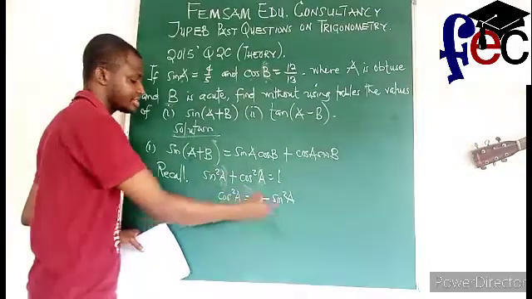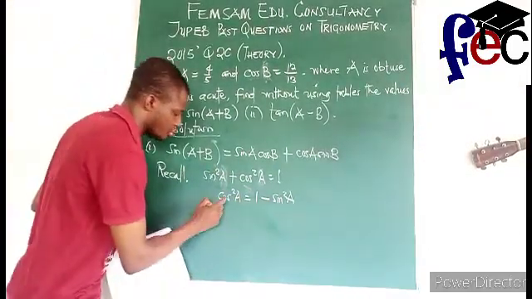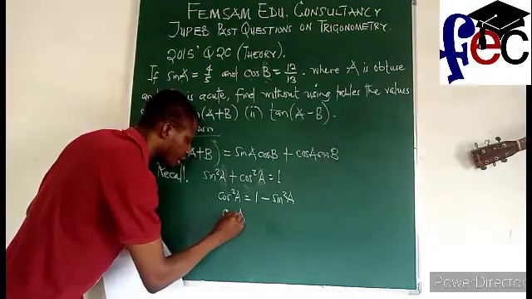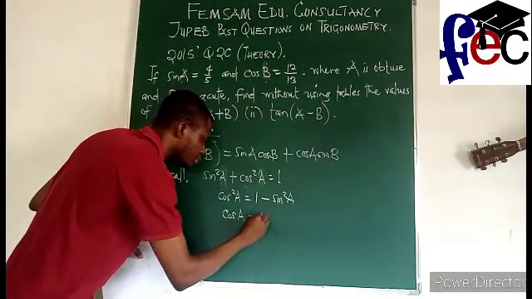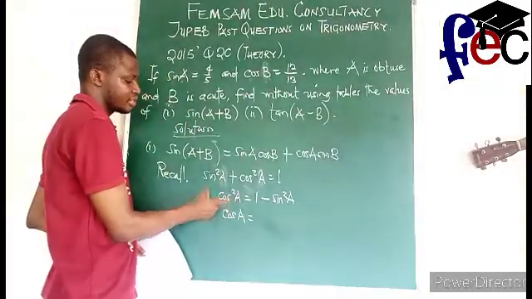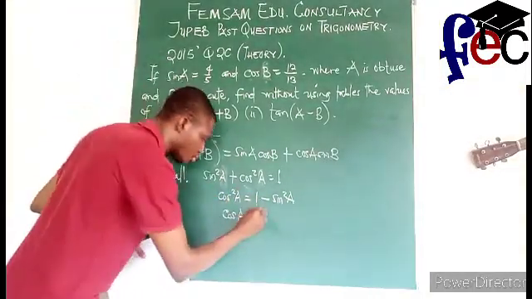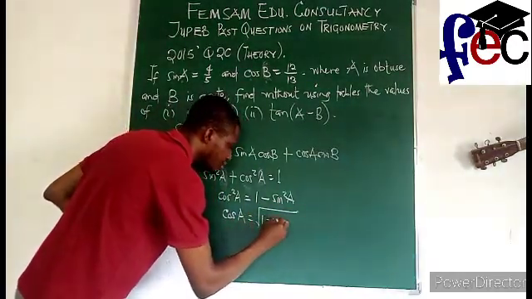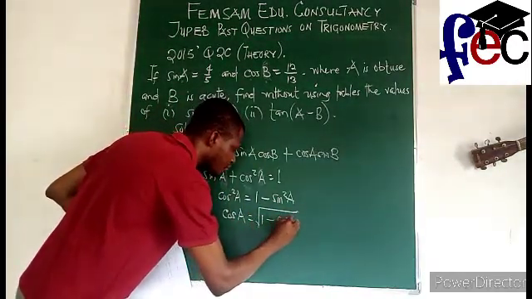So then what is cos A from here? Cos A will become, taking the square root of both sides, the square root of 1 minus sine square A.